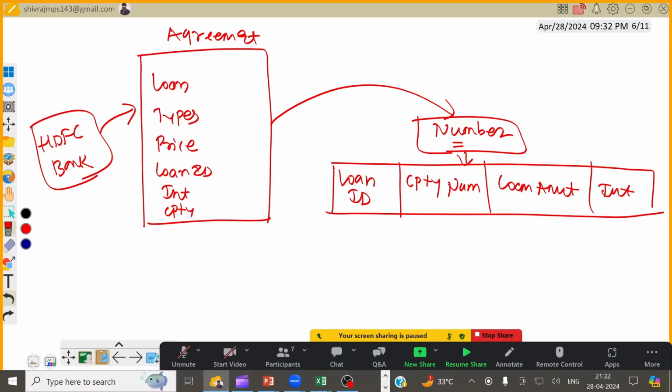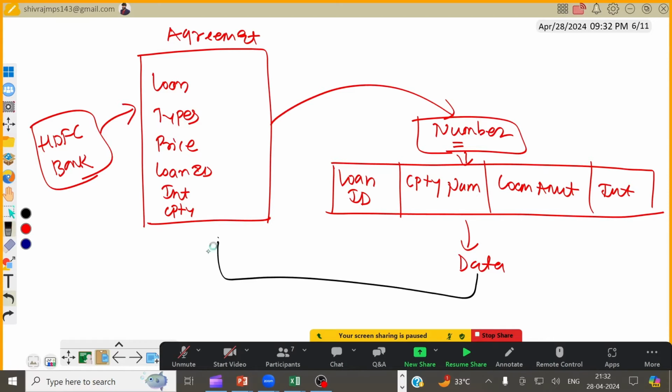Now, if you see, this information will be treated as data. And this data has a base of agreement. So on the basis of this reference, we have created this data.